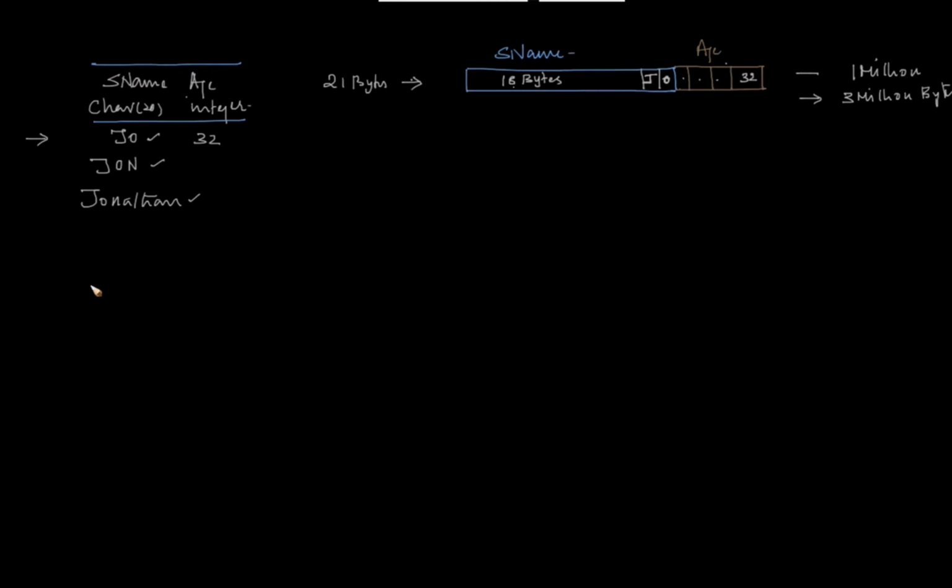Instead of this, let us say we have declared the column student name as varchar of 20, and age as tiny int. Now, what happens at the backend? MySQL will use up only what you enter here.